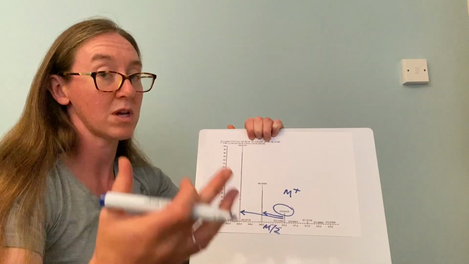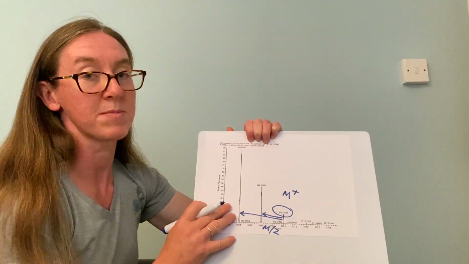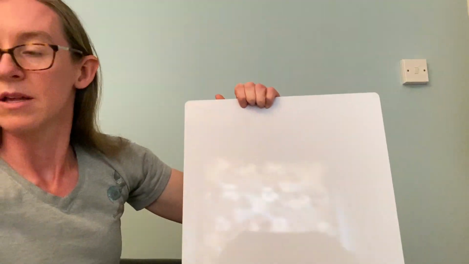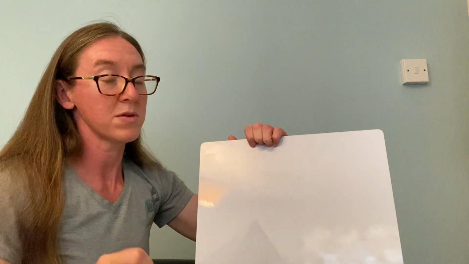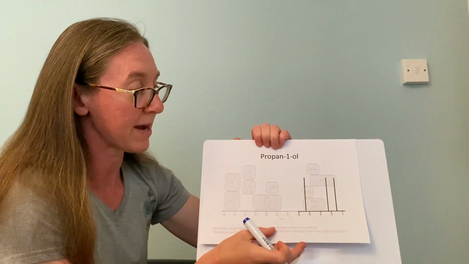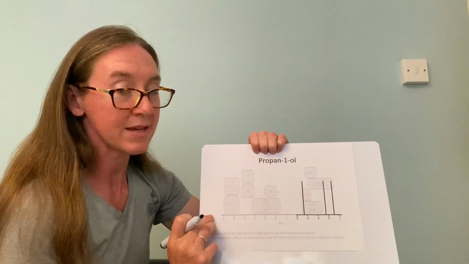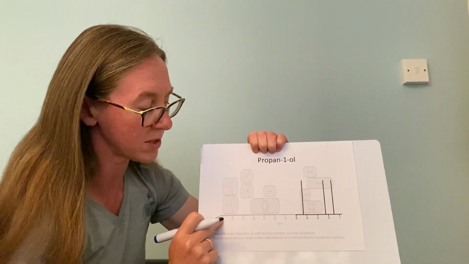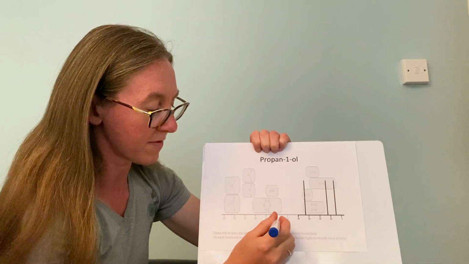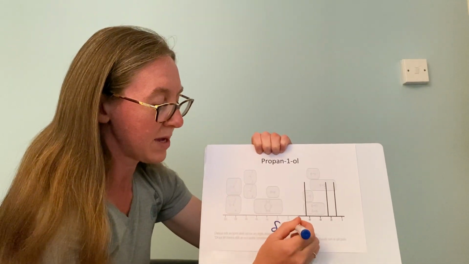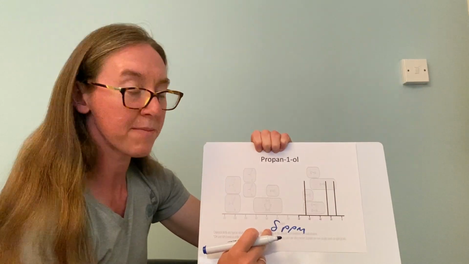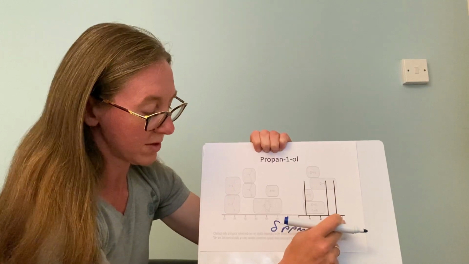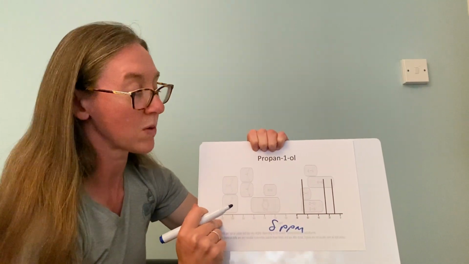I'm going to introduce another couple of methods which we haven't done yet but which are coming up. So the next 2 methods are both NMR, which stands for nuclear magnetic resonance, and these spectra look very dull. So you have just a line at the bottom, and then it says ppm. So this is a symbol for chemical shift in ppm, and on this one our scale goes from 0 to 220.